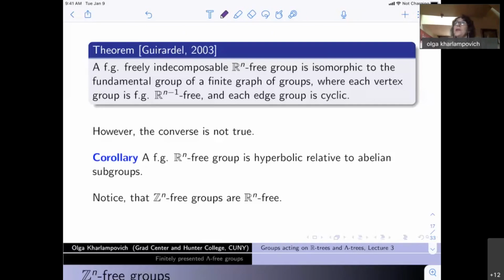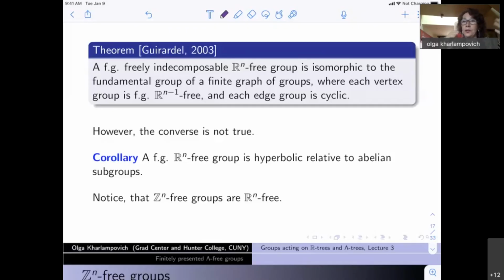We start with a group acting freely on R trees, which is a free product of surface groups and free abelian groups. Then we can take a fundamental group of a graph of groups, where in the vertices we have these surface groups or free abelian groups, and the edge groups are cyclic.